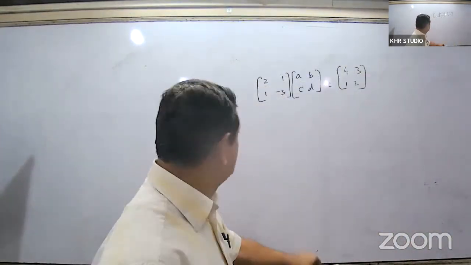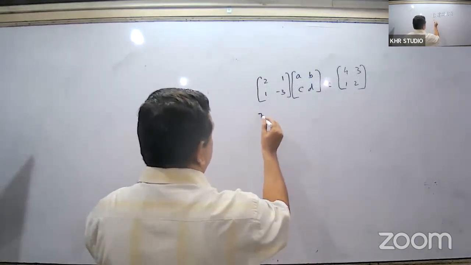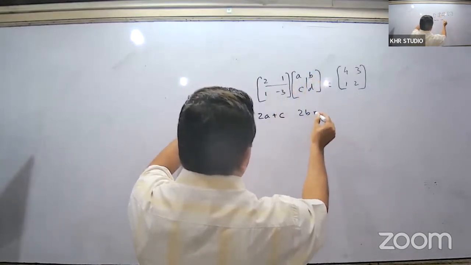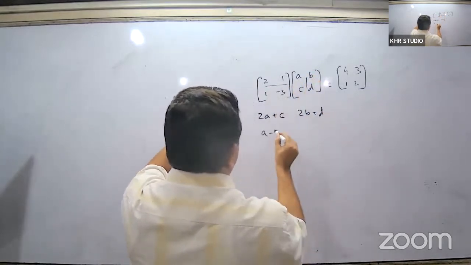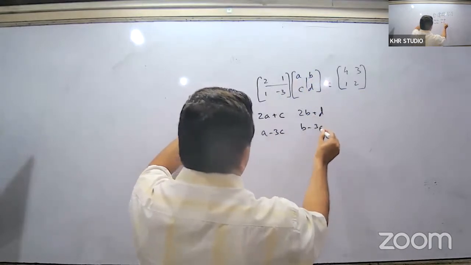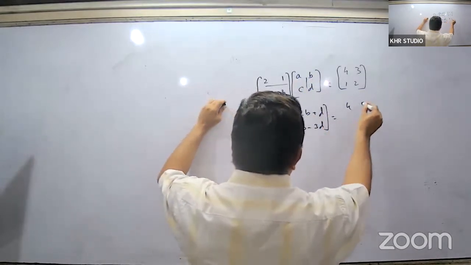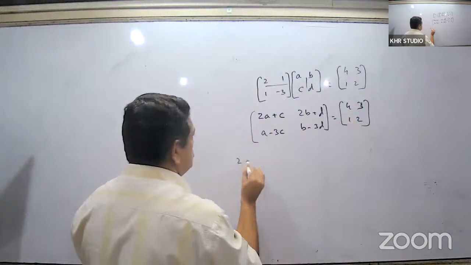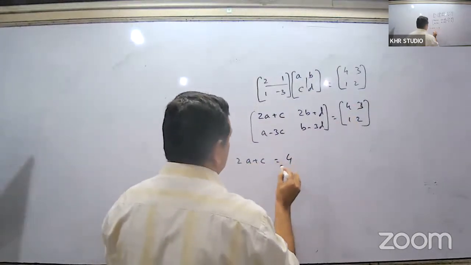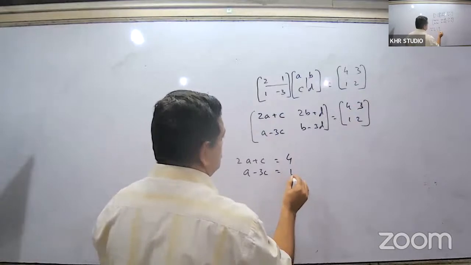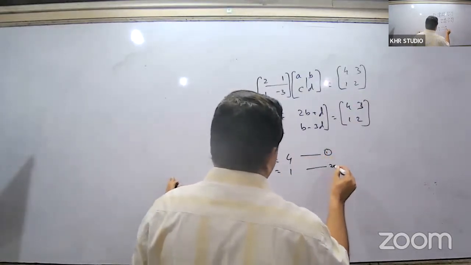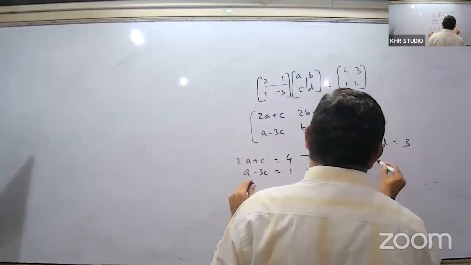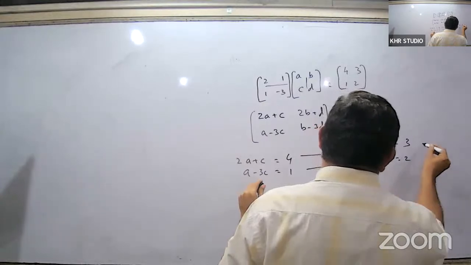Not getting it still? Multiply now. This is coming out as 2a plus c, then 2b plus d, then a minus 3c, then b minus 3d, equal to 4, 3, 1, 2. Equate: 2a plus c is equal to 4. a minus 3c is equal to 1. 2b plus d is equal to 3. b minus 3d is equal to 2.